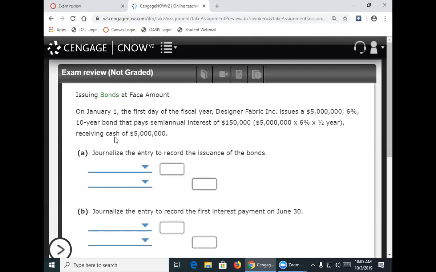And then, of course, if the market rate were less than the contract rate, you got it. We'll sell it at a premium. So I would definitely know that. Understand those: selling at par or face value, selling at a discount, selling at a premium.